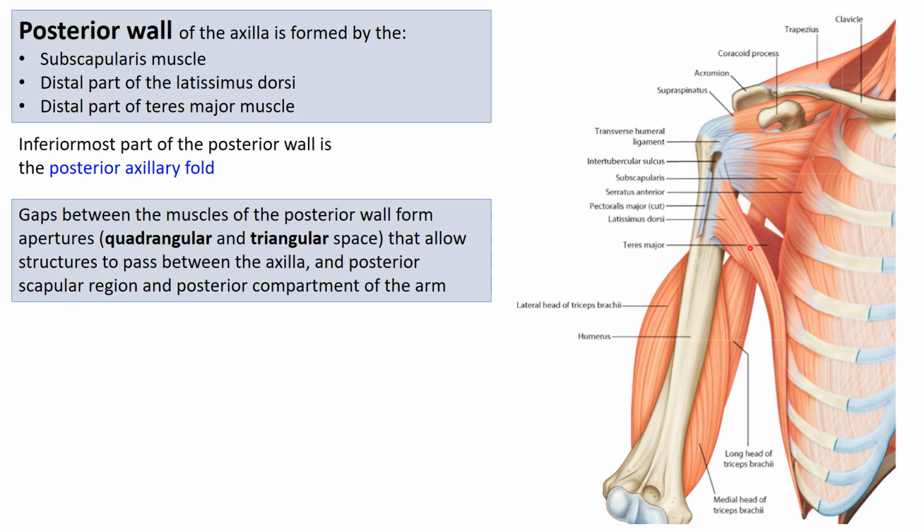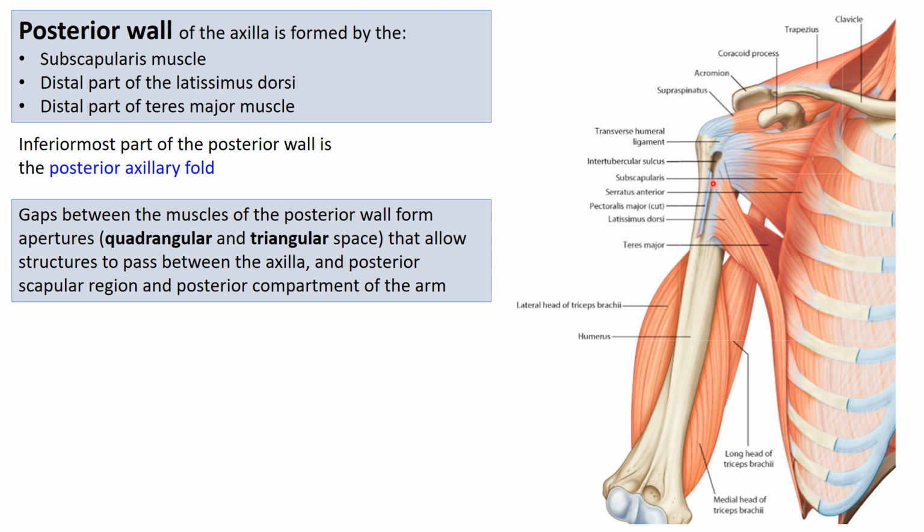Okay. Now look at the attachment of the anterior wall muscle. This is the pectoralis major muscle, which forms mainly the anterior wall, that is attached to the intertubercular sulcus, right? And on the lateral side of the intertubercular sulcus is the muscle that forms the anterior wall. On the other side of the intertubercular sulcus is the muscle that forms the posterior wall. So both the posterior wall and anterior wall converge on the humerus on the two sides of the intertubercular sulcus.